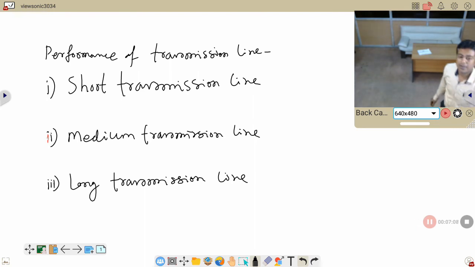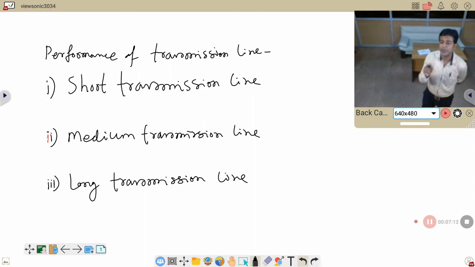These three transmission lines are classified based on the transmission voltage and the length of the line.